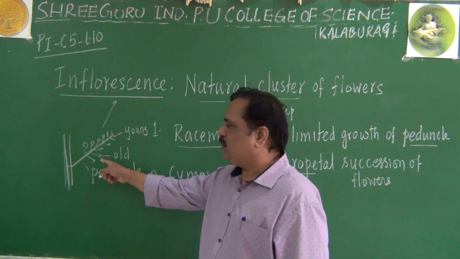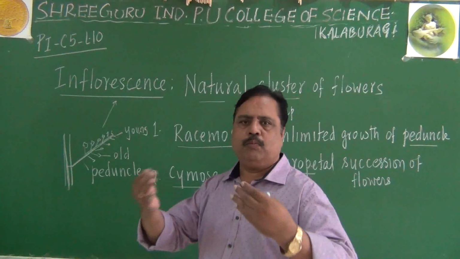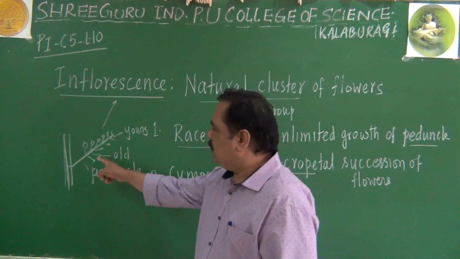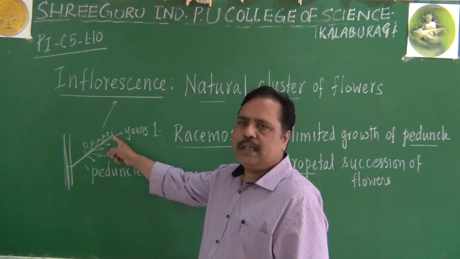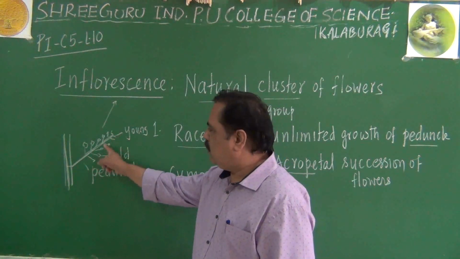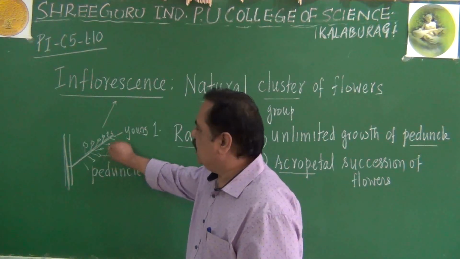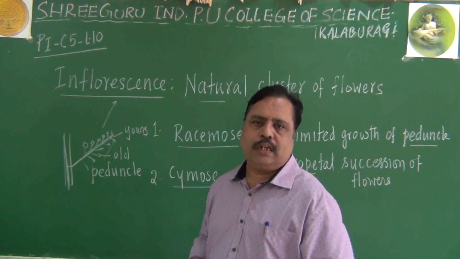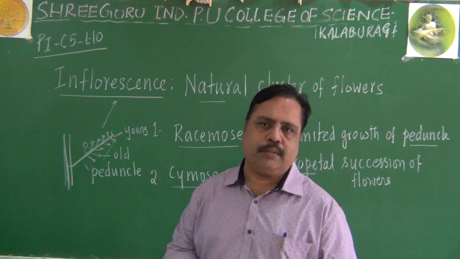The first formed flowers will become aged, old, primarily. So these are older flowers, these are young flowers. Older flowers are towards the base, young flowers are towards the tip. Such an arrangement is called acropetal succession.